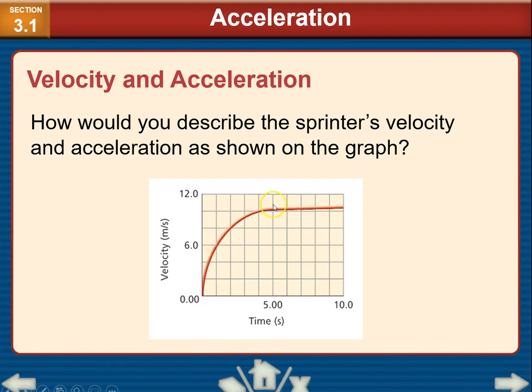Then the acceleration decreases here to very minimal acceleration right here. You have to take the differences of the slope. So a lot of acceleration, then a smaller acceleration, and then very little acceleration right here. We could take the slope of each of these parts of the line and figure out what the acceleration of that line is.